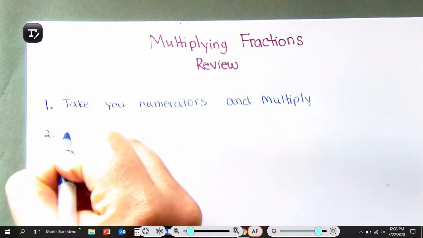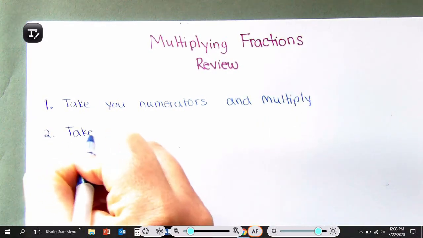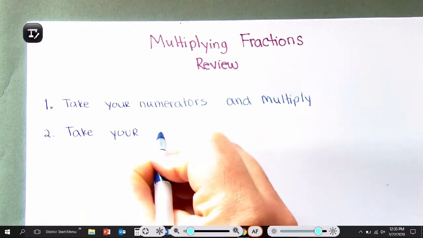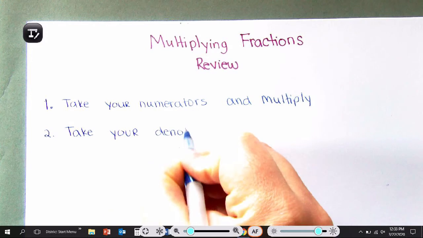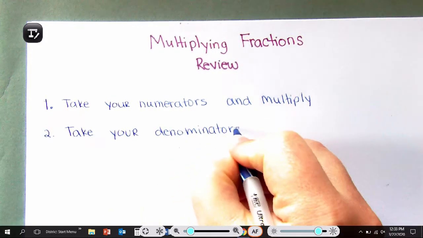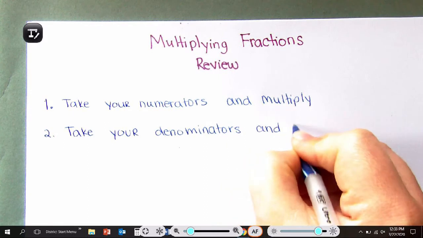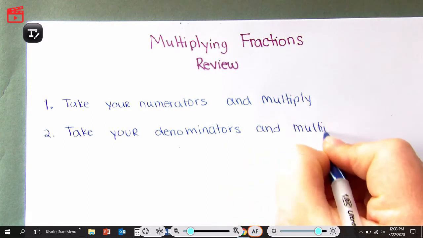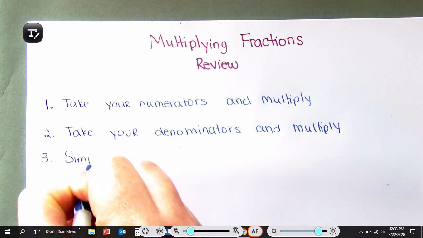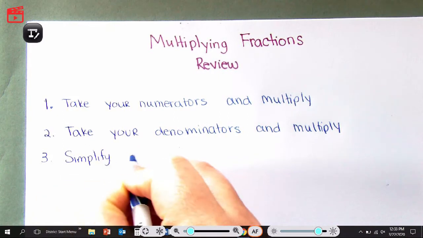Step number two, take your denominators and multiply. Step number three, simplify your final answer.